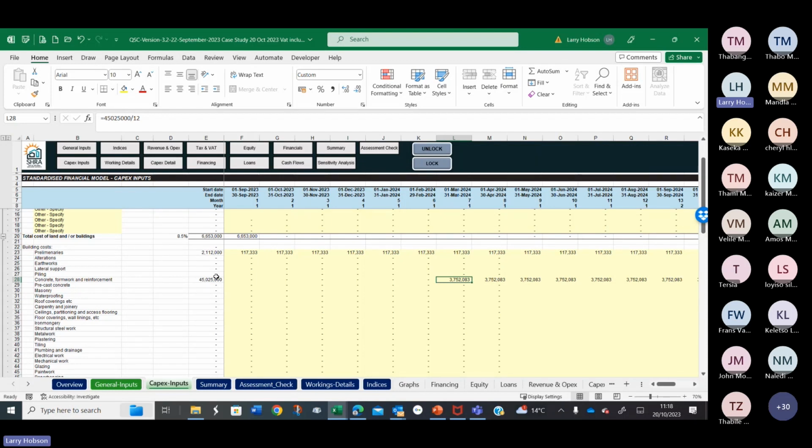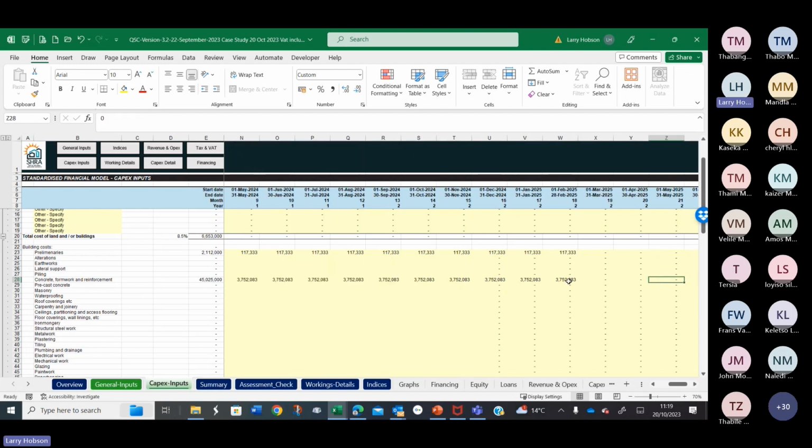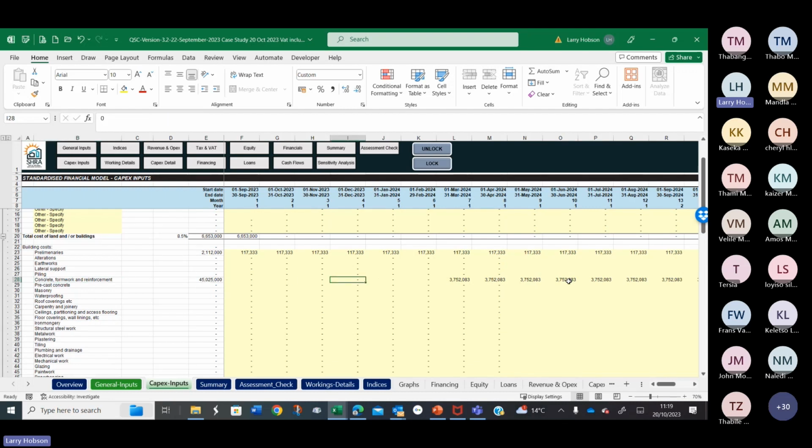The construction costs, we just had one figure of 45 million for construction work in our case study. So I just said 45 million over 12 months. Remember, we're doing this over 18 months from the start, but let's assume we're only ready to start construction in month 7.